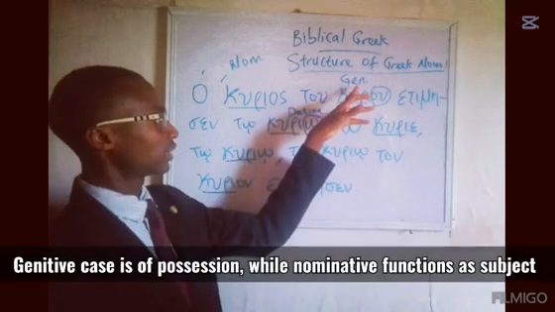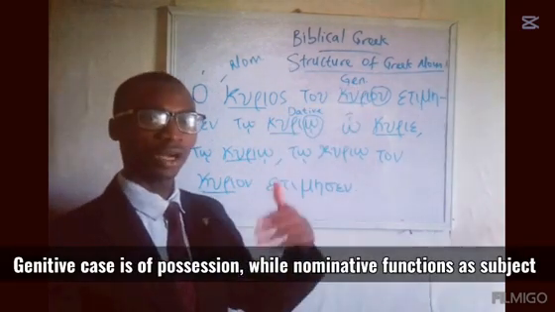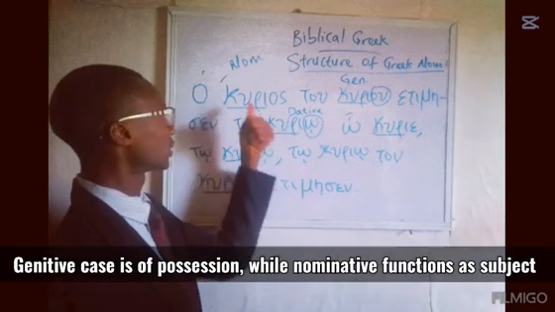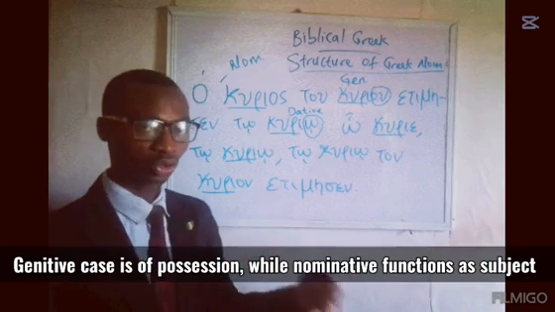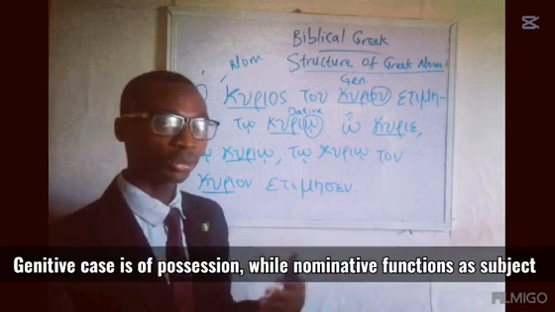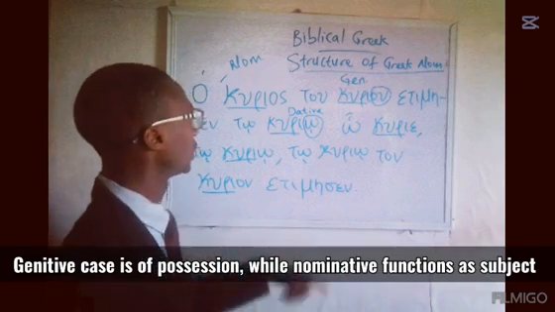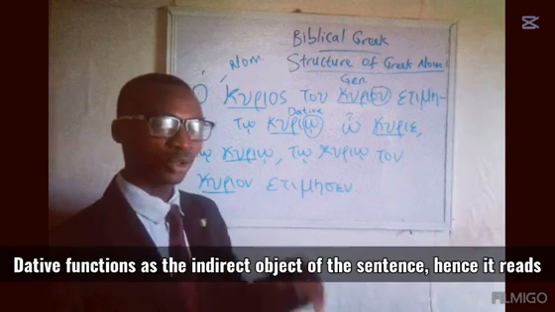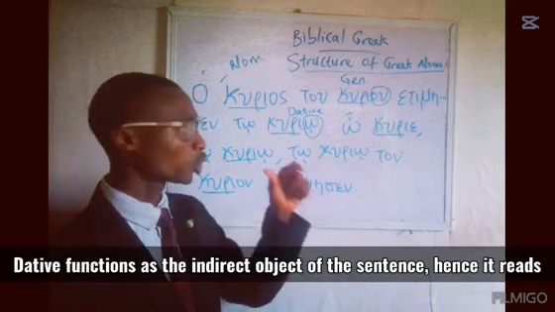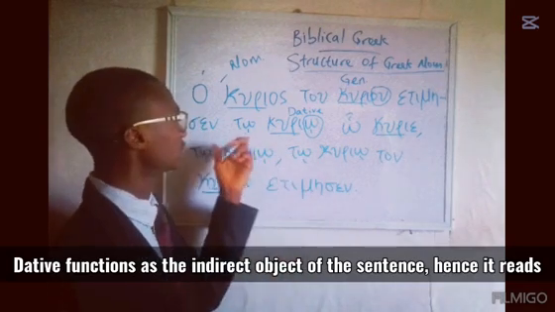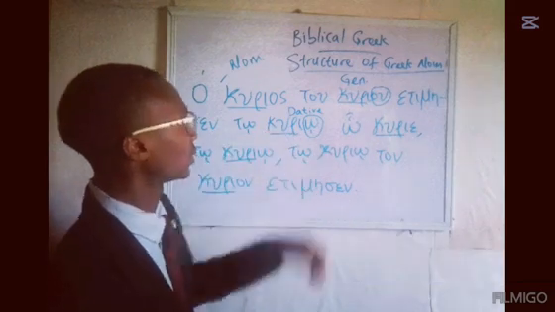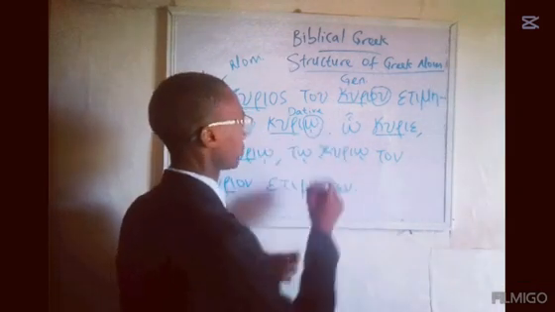Now the genitive is for possession, while the nominative is for the subject of that particular sentence. This dative functions as the indirect object of the sentence. So this reads to the Lord.